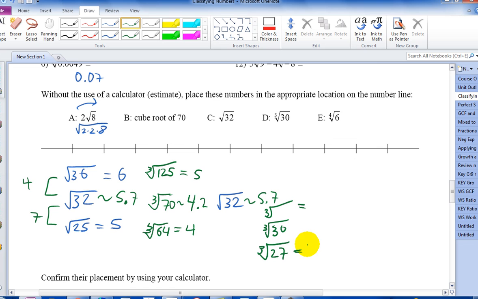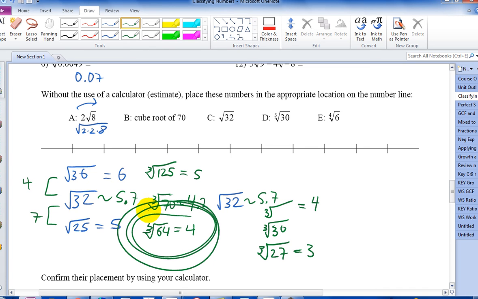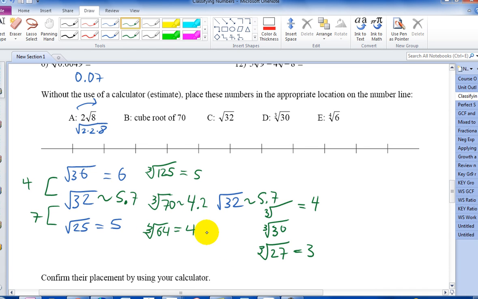Okay. So I'm just doing the stuff in my head, right? 3 cubed. Now you're going to start memorizing this because how many times have we seen this now? Today? 4 times. So it's the same stuff over and over. So this has to be a 4, and that would be 64. Okay. So what do you think the approximation of cube root 30 is?